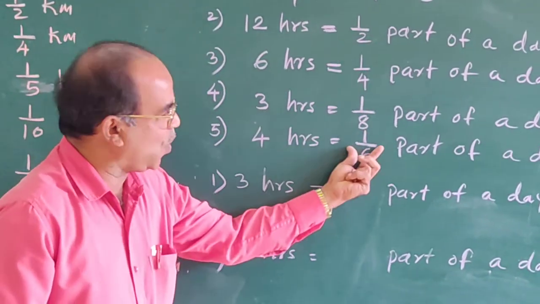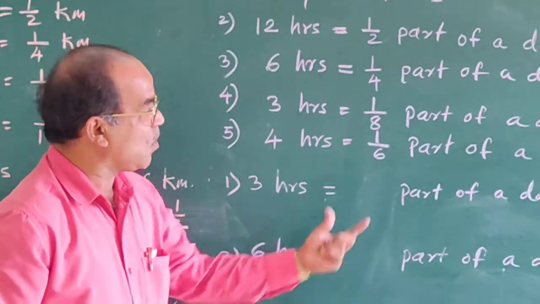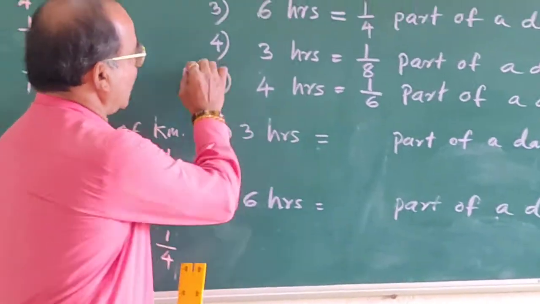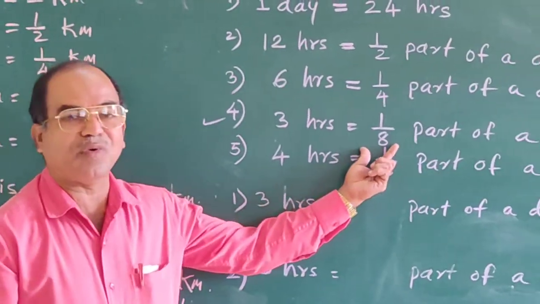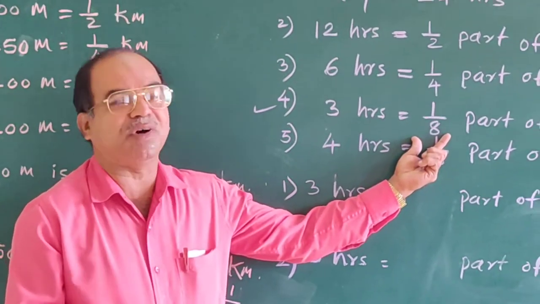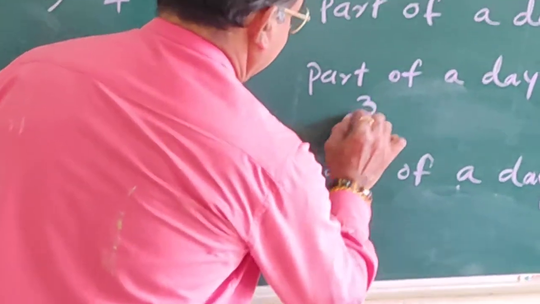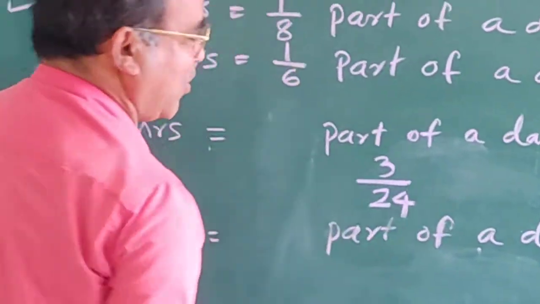So this we know how to find the part. Now we'll discuss 3 hours means what part. That also I have written here. You can see here, 3 hours means what is the part of the day? 1/8 part of the day. But we should know how 1/8 comes. So 3 divided by 24. Why 24?